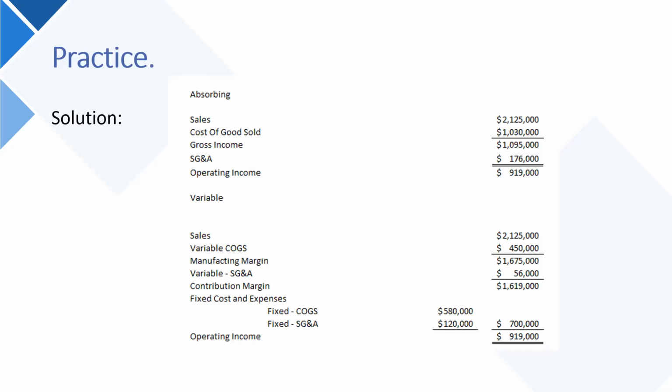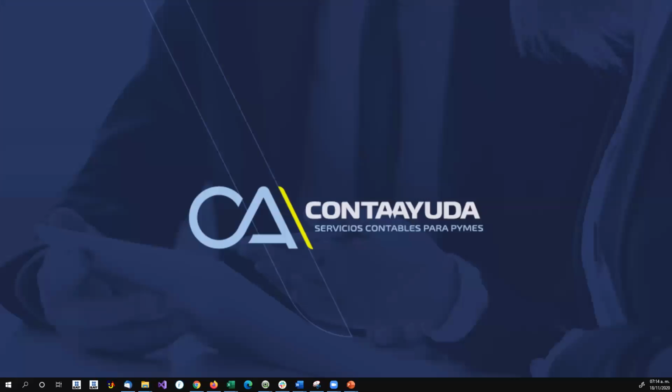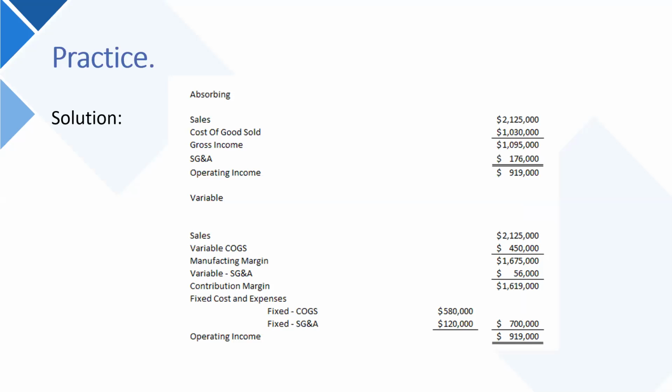I do have a question. What question do you have? Yes, I understand the difference, but I want to understand when you use each of those, or where it's better to use the absorbing method or the variable method. Okay, thank you. That's a really good question, and we are going to see it at the end of the presentation, because first we need to analyze the differences between the two methods.